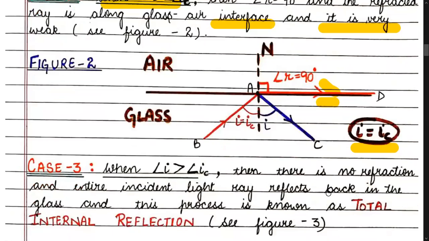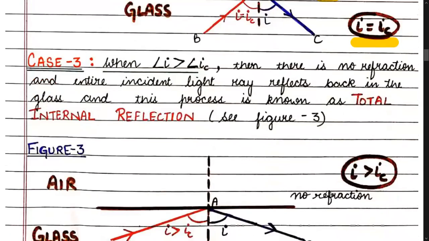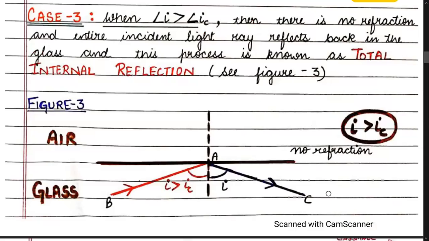Now, we will come to case number 3. Here, angle of incidence is greater than critical angle of glass. When angle of incidence is greater than critical angle, then there is no refraction.